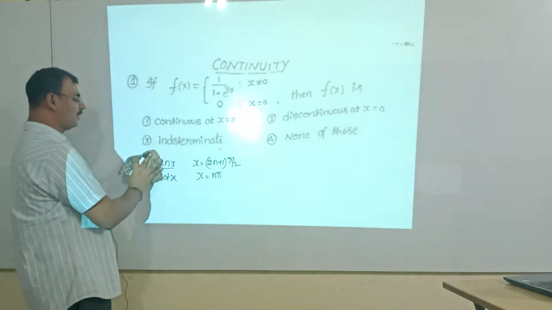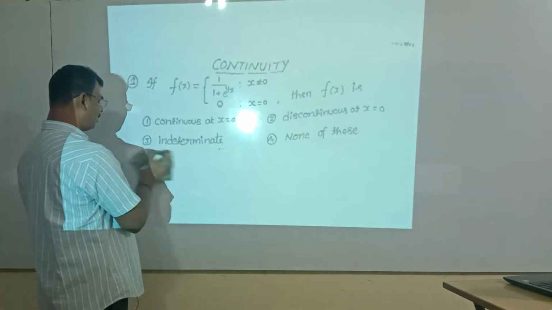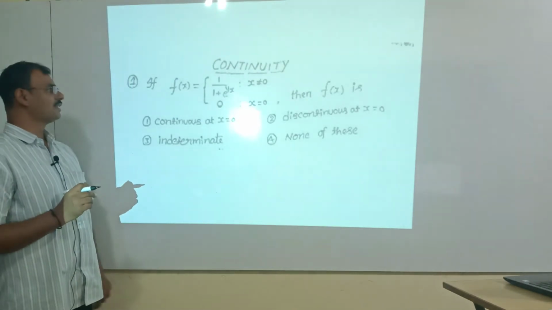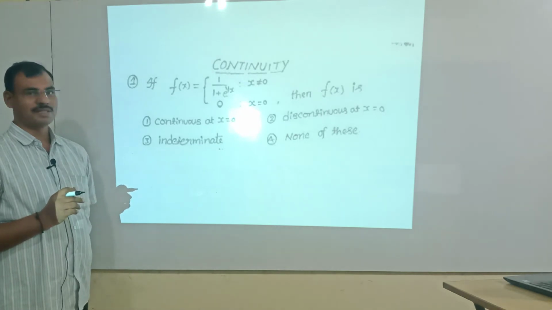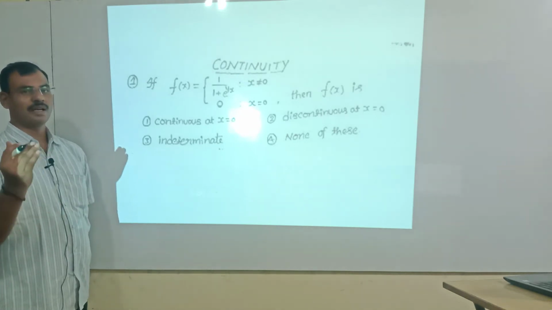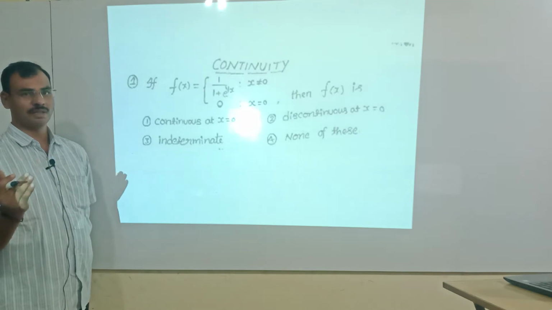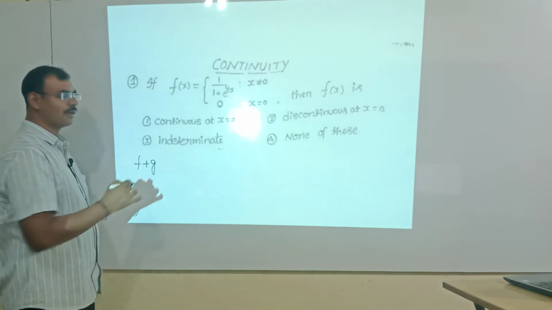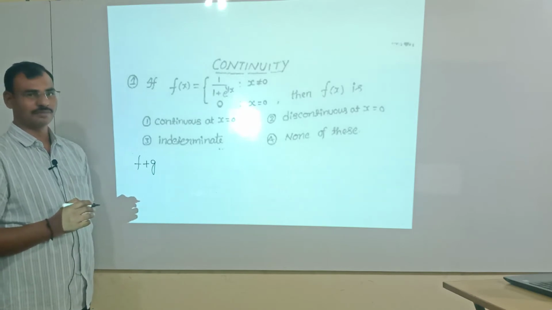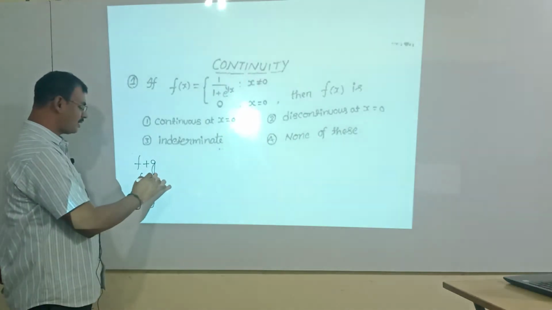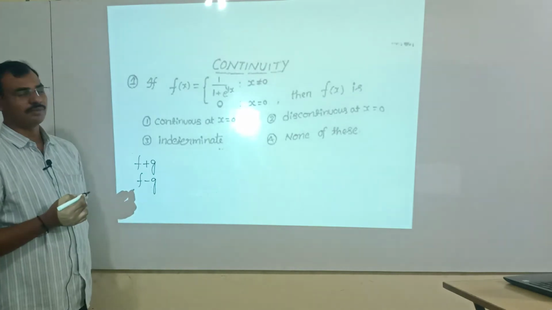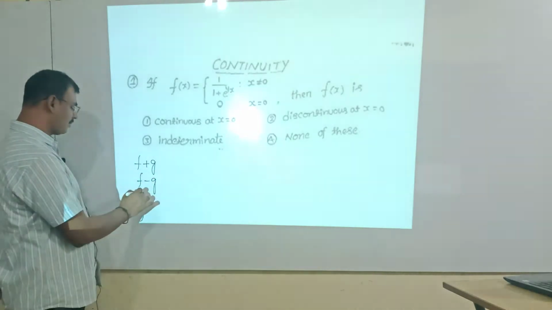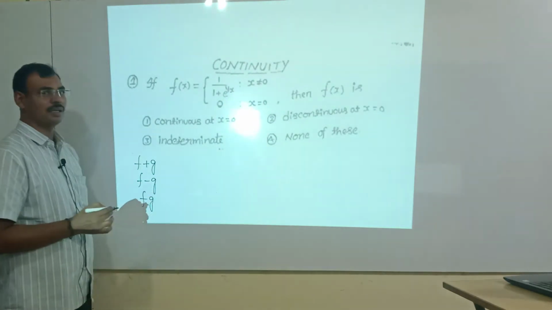Next, algebraic functions. What are the algebraic continuity properties? Consider two functions f and g. If f is continuous and g is continuous, then the addition is also continuous, the subtraction is also continuous, as well as the multiplication, everywhere.